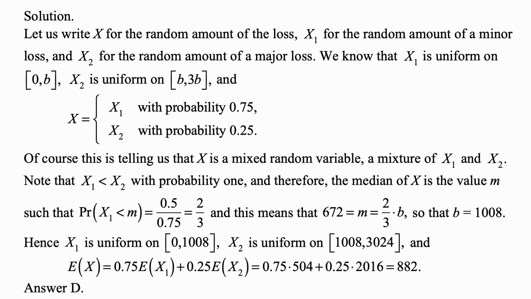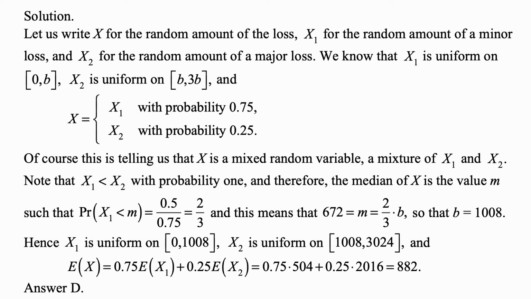And so we reach probability of half within X1, in a sense. And it's 0.5 divided by 0.75. That's the fraction that the value takes up. Now it's half probability for X, but for X1 it's half as a fraction of 0.75, so it's 2/3.